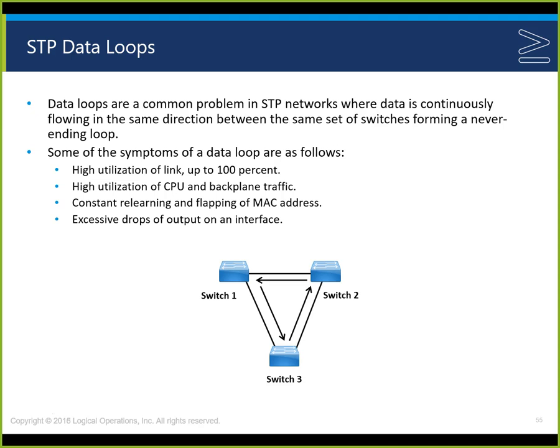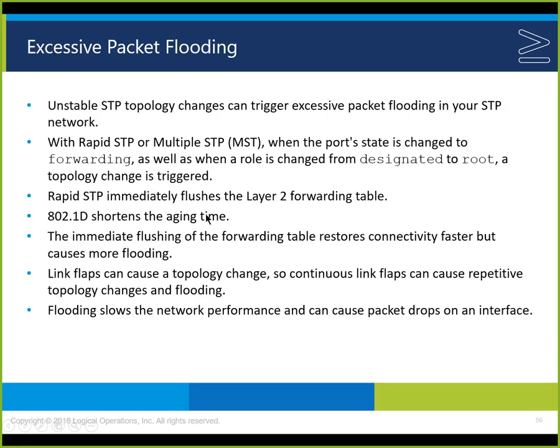Excessive drops on the output interface. So we've got the traffic that is just regenerating, kind of like I tried to show early in Packet Tracer. Excessive packet flooding, unstable topologies trigger excessive flooding.